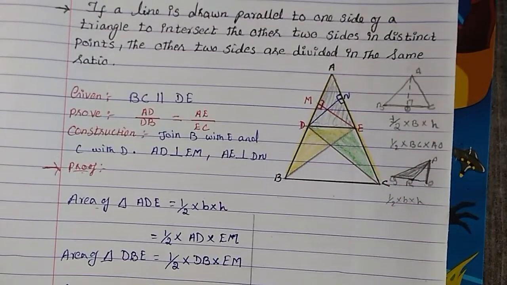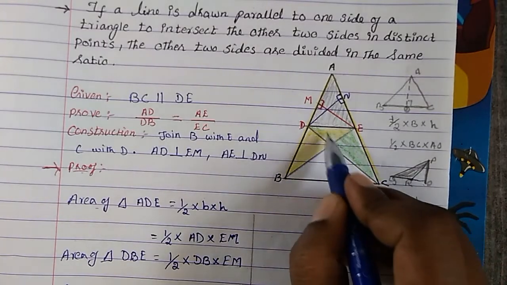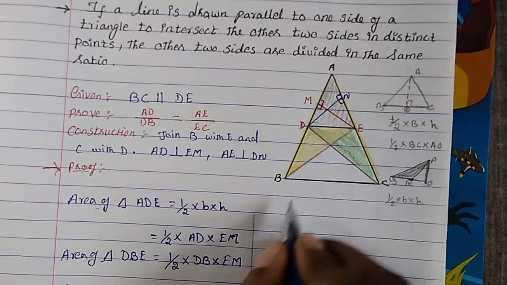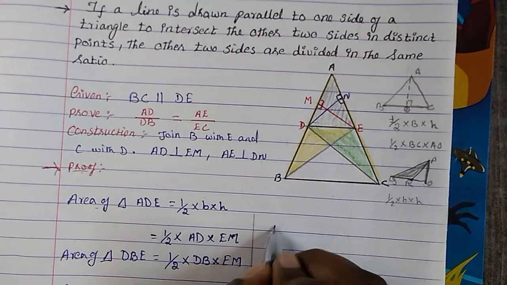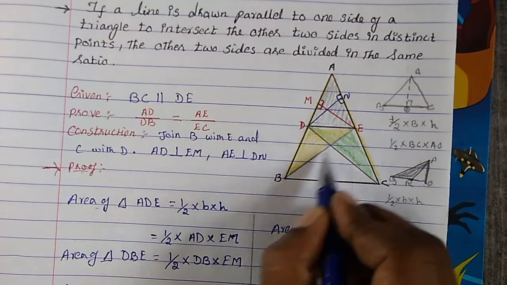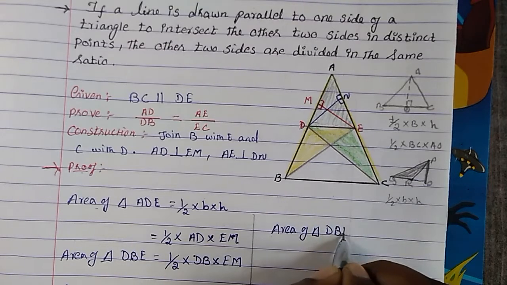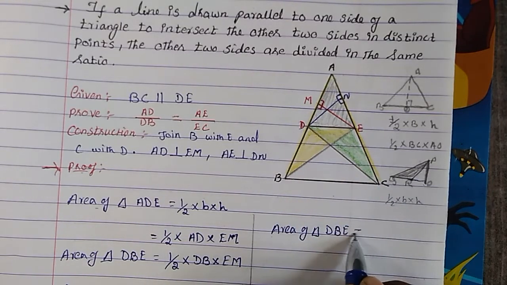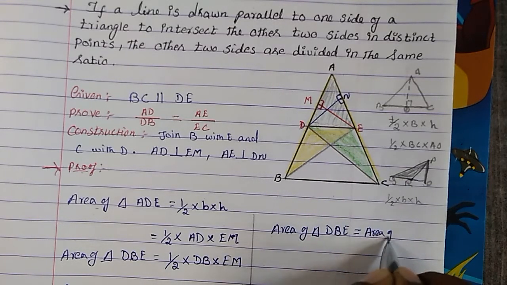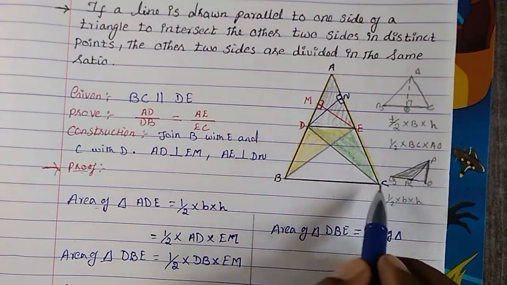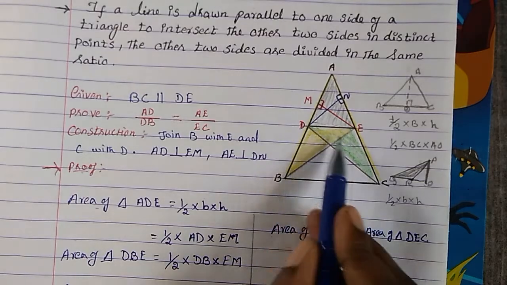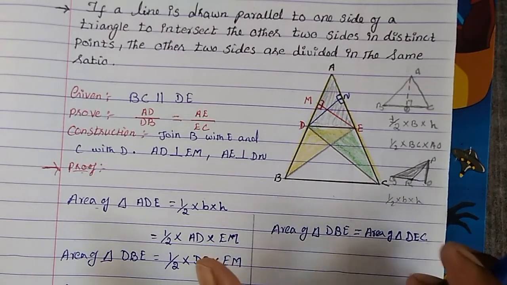So look here again. Look at this yellow color triangle and this green color triangle. If you see the areas of these two triangles, the area of triangle DBE, the yellow one, will be equal to the area of the green triangle DEC. Why will these areas be equal? Because there is a property.